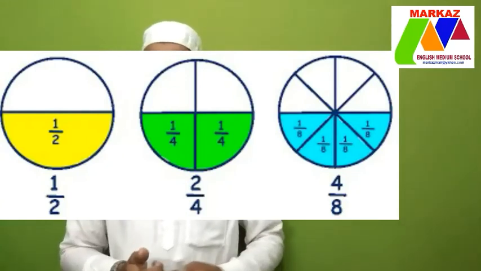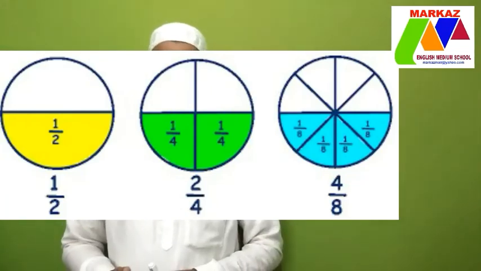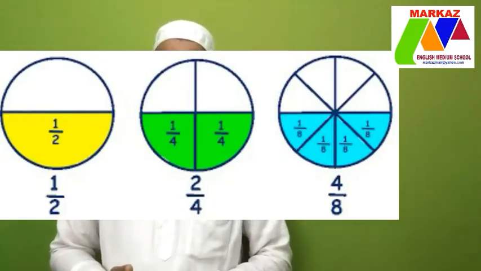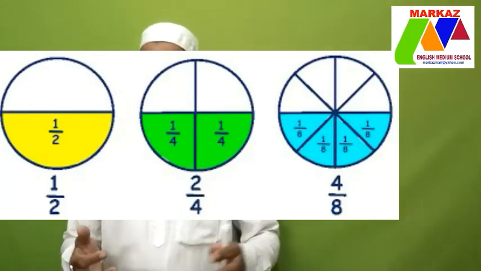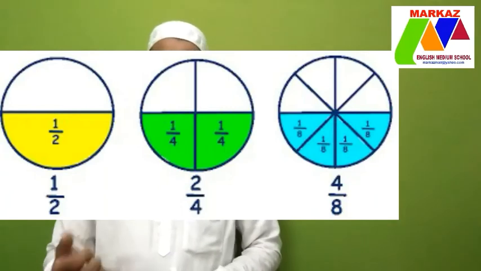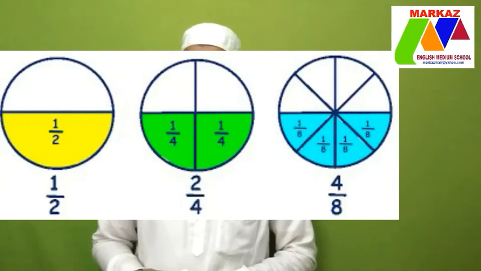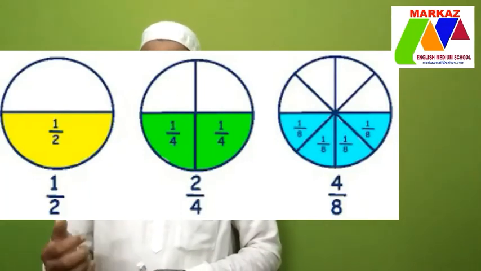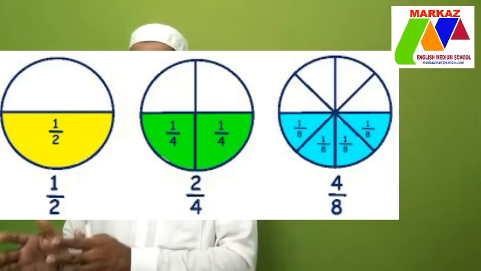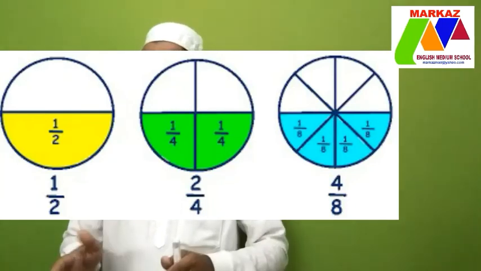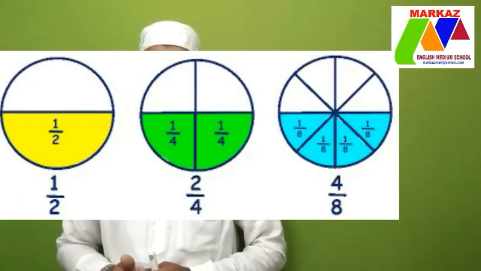The fraction for the shaded region of each circle: half of the circle is yellow, 2 by 4 of the circle is green, 4 by 8 of the circle is blue. Here 1 by 2, 2 by 4 and 4 by 8 all represent half part of the whole circle. These fractions are called equivalent fractions.